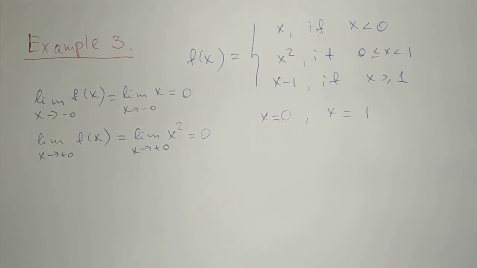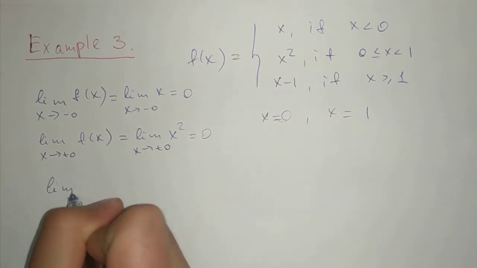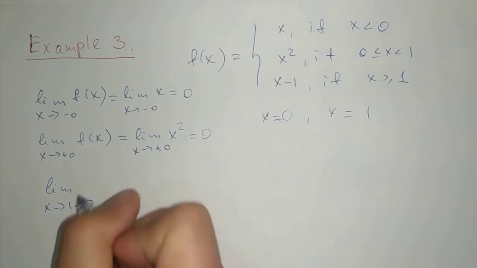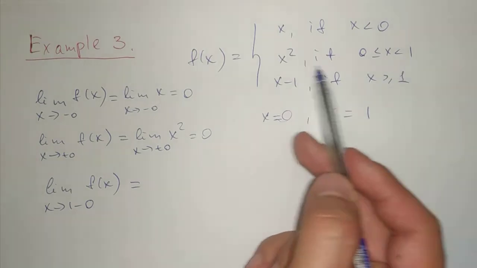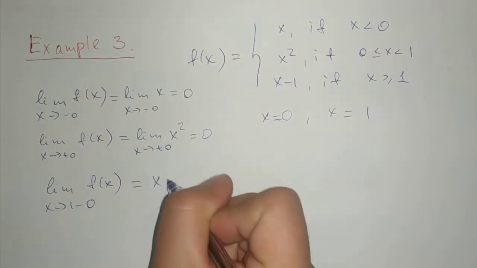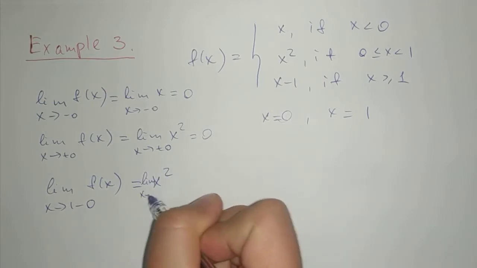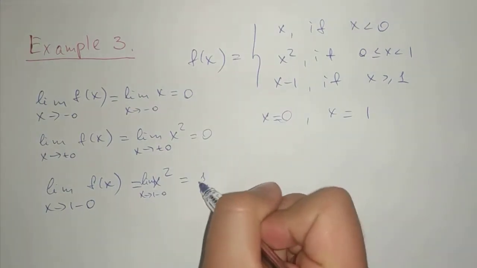And now let's check the point 1. The limit as x tends to 1 minus 0 of f(x): on the left side of 1, it is x squared. So the limit as x tends to 1 minus 0 of x squared equals 1.